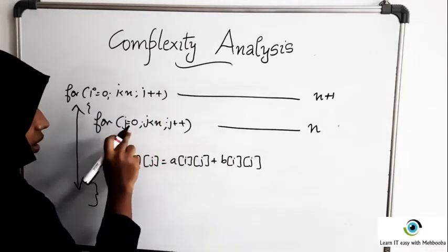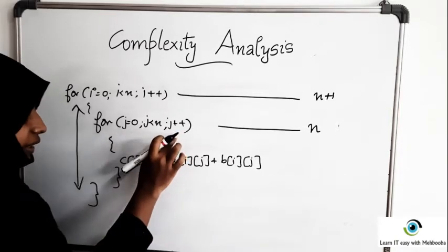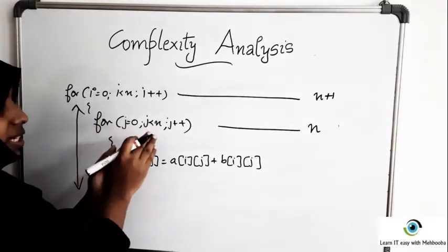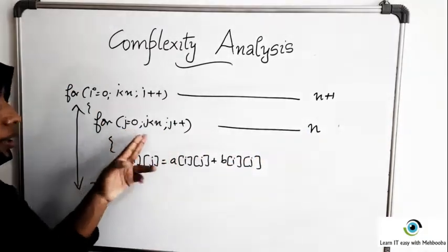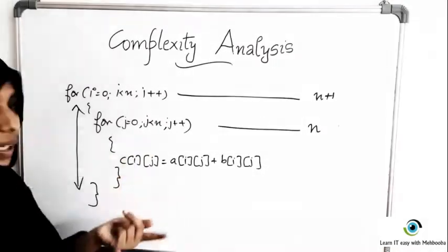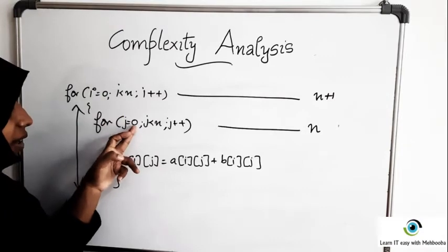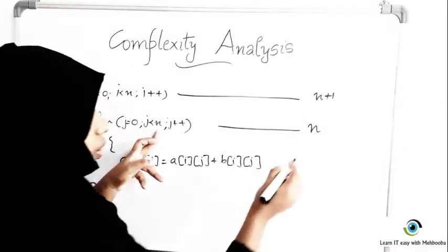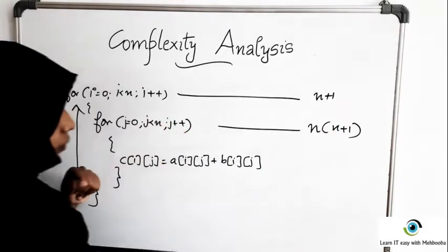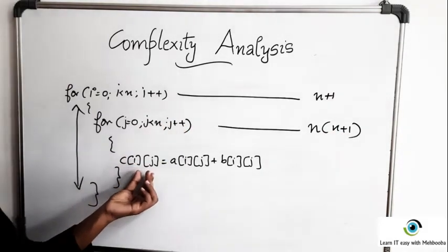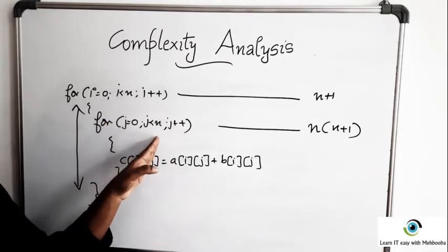Now see, this is a loop itself, isn't it? This is not a single statement. If it was a single statement, I could have stopped with this, but this is again a looping statement. So this looping statement in itself will run 0 to n, that is n plus 1 times. So this is n into n plus 1. Now this statement is nested inside both these for loops, isn't it?